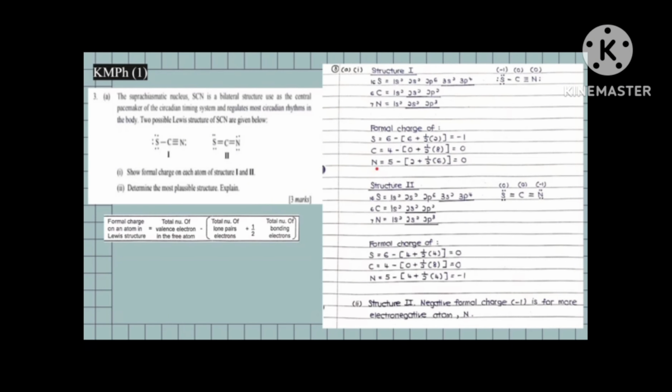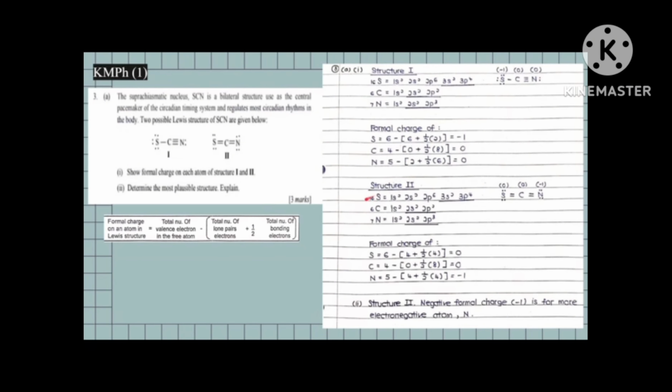For nitrogen, N, there are 5 valence electrons minus, in bracket, there are 2 lone pair electrons, plus 1/2 of bonding electrons, so there are 1, 2, 3, 4, 5, 6, and then close bracket equals 0. Then we can label it over here. So S is -1, C is 0, and N is also 0.